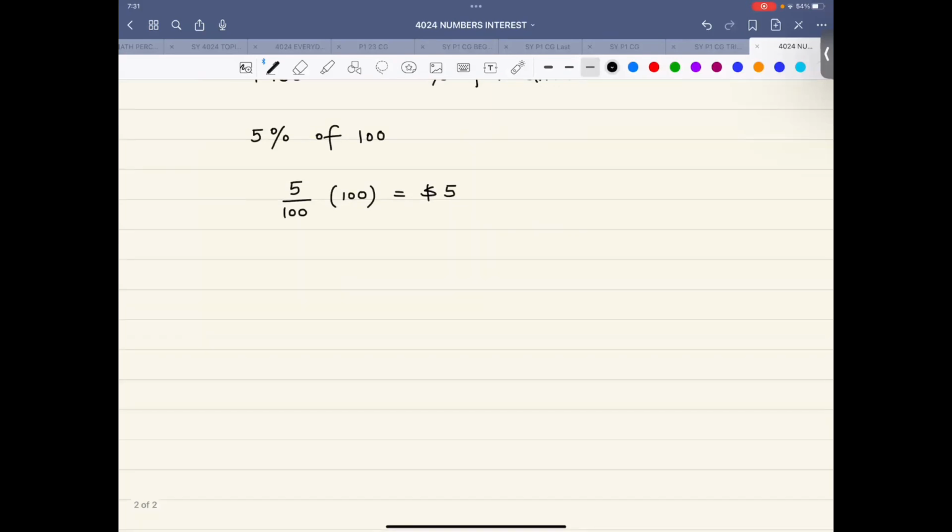That means at the end of year one, you will be having your original amount that is known as the principal amount. You will be having this value, and you will also be having the interest value, that is $5.